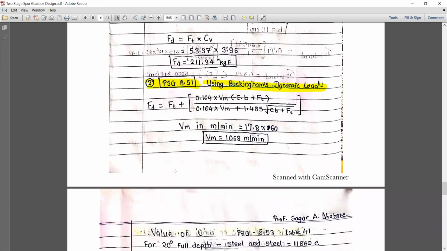Referring PSG page number 8.51, Fd is equal to Ft plus 0.164 multiplied by capital Vm into Cb plus Ft, divided by 0.164 into capital Vm plus 1.485 square root of Cb plus F. Here capital Vm is in meter per minute, and we have meter per second, so multiplied by 60, Vm is equal to 1068 meter per minute.